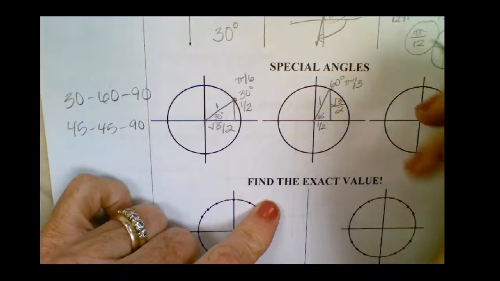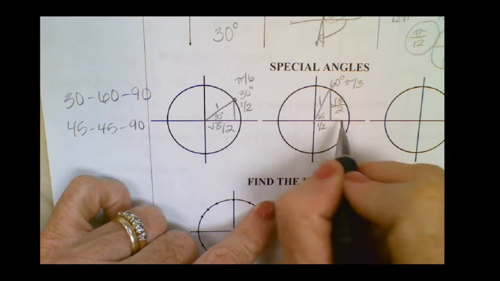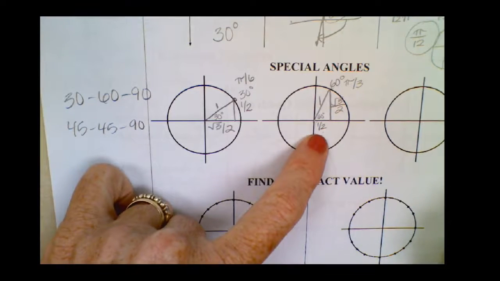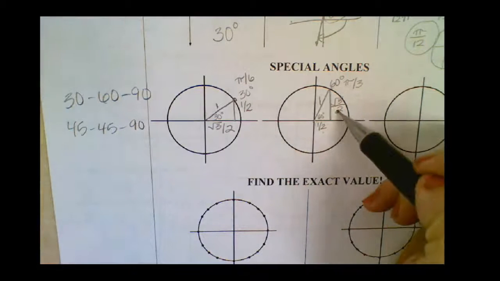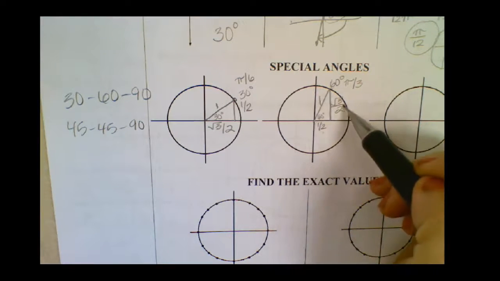But I also know that my cosine is the length of my triangle on this x-axis, which is 1/2. If I were to look at sine, that's opposite over hypotenuse, which is square root of 3 over 2, over 1, which is just square root of 3 over 2.